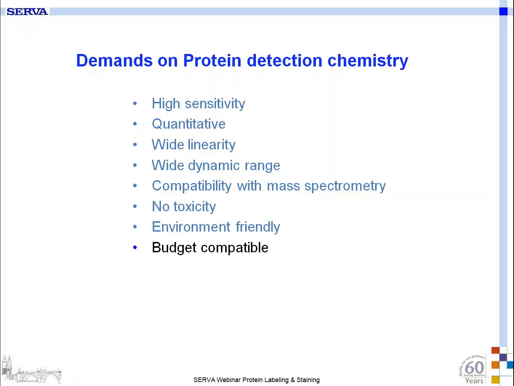So these are a lot of demands from the side of the lab and the side of your wallet. It should fit into your budget. So the more expensive a chemistry is, the less you would do with it. So a nice budget with a low price is always a good point.